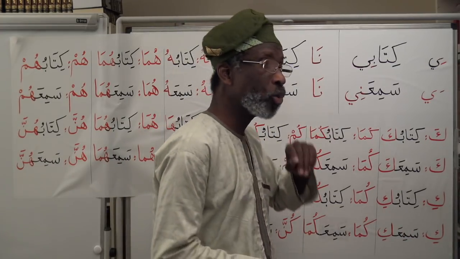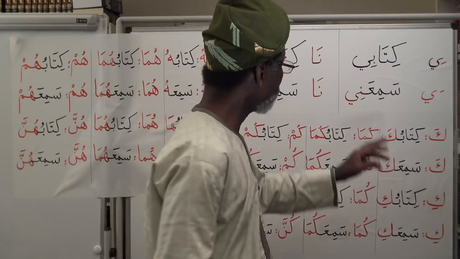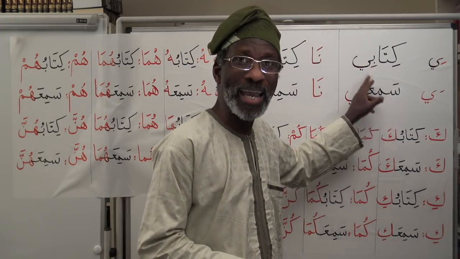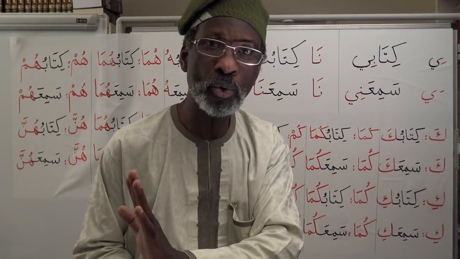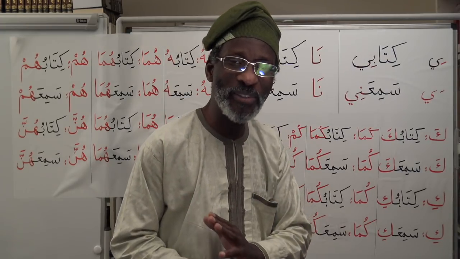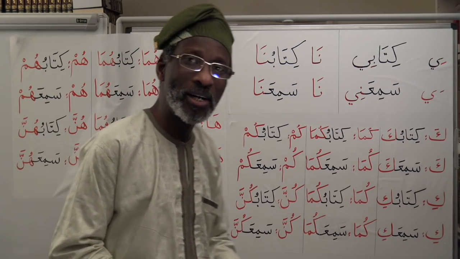So it's called noun al-wiqaya, a protective noun. And then you put that kasra under that noun, semi'ani. So the verb is safe from having to suffer the indignity of the kasra underneath it. So semi'ani, he heard me.